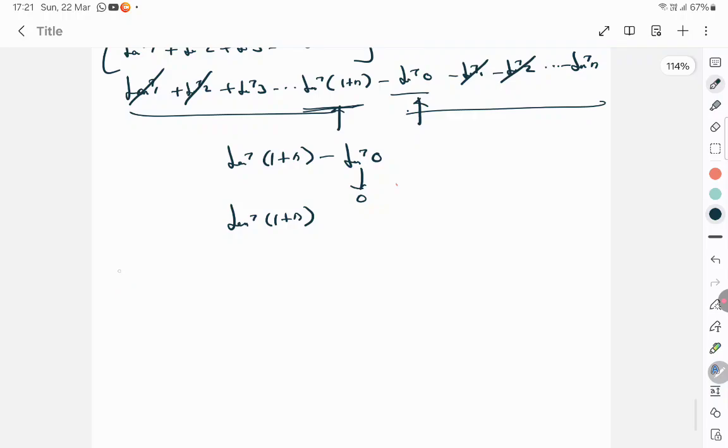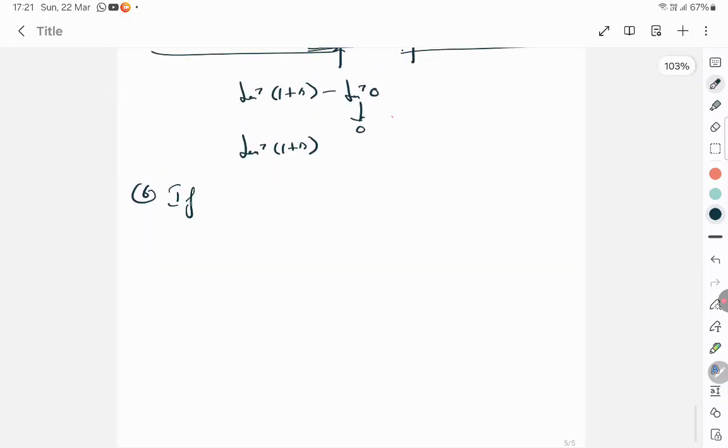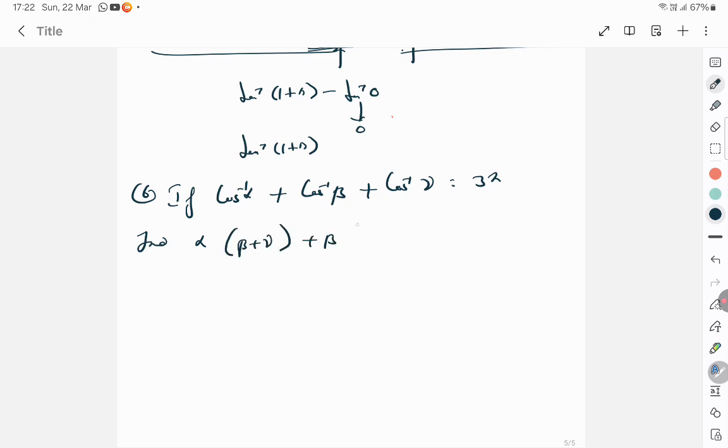The sixth question: if cos inverse of alpha plus cos inverse of beta plus cos inverse of gamma is equal to 3 pi, they're asking you to find alpha into beta plus gamma, plus beta into gamma plus alpha, plus gamma into alpha plus beta.